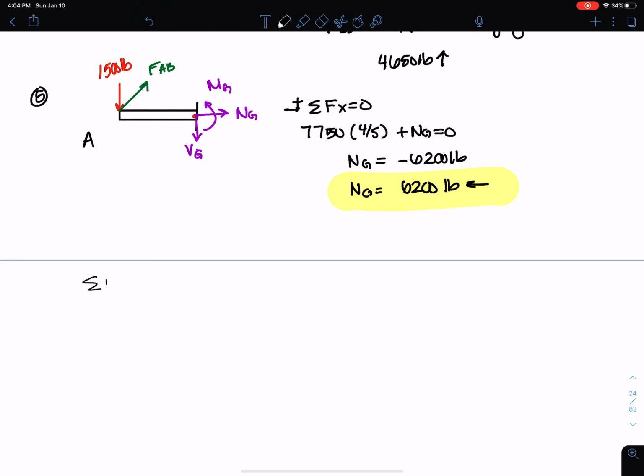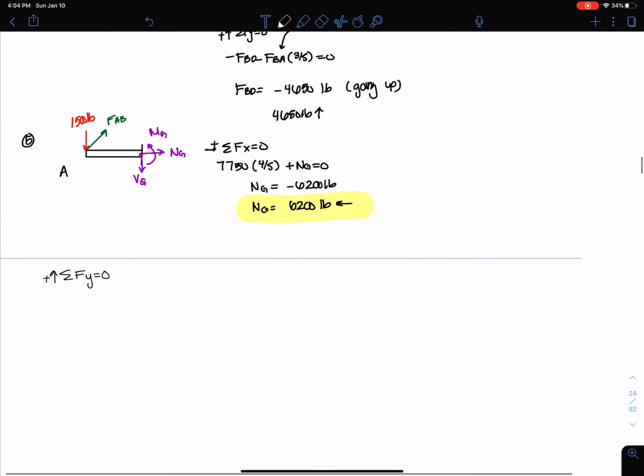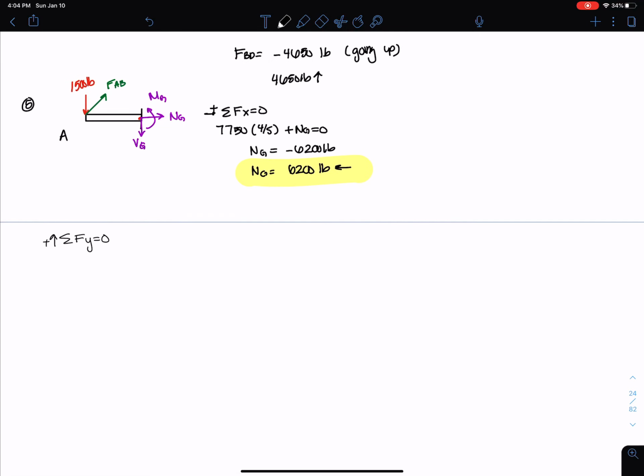I can sum forces in the y direction. And I get negative 1,500 plus 7750 times 3/5 component minus the shear at G. And I get shear at G is 3150.